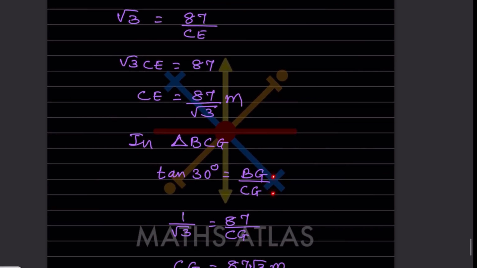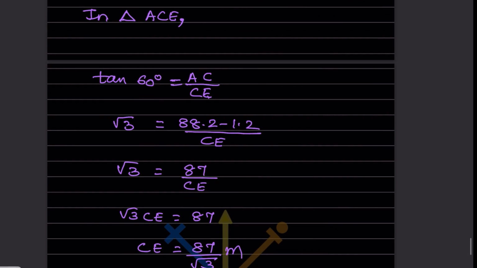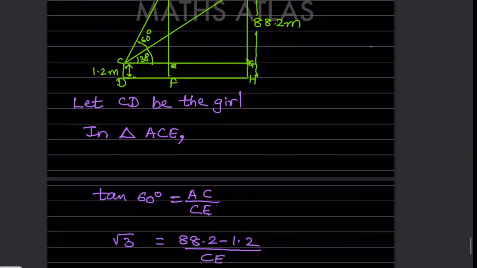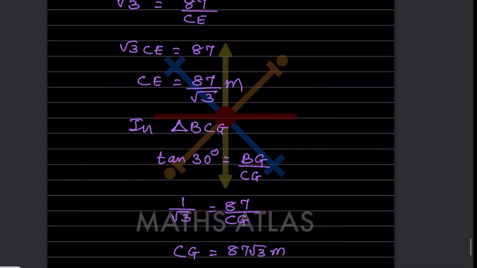So BG by CG, and now you know tan 30 is 1 by root 3. BG is what we have seen over here, it is the same as AC, right? So 88.2 minus 1.2, that is going to be 87.